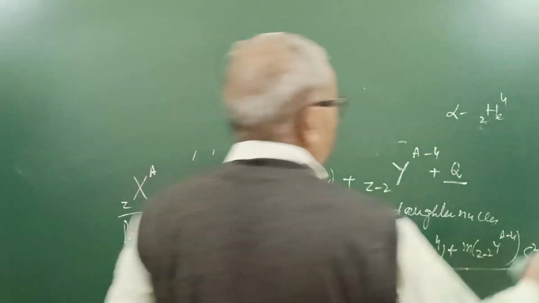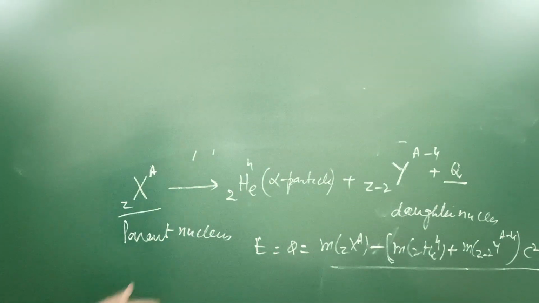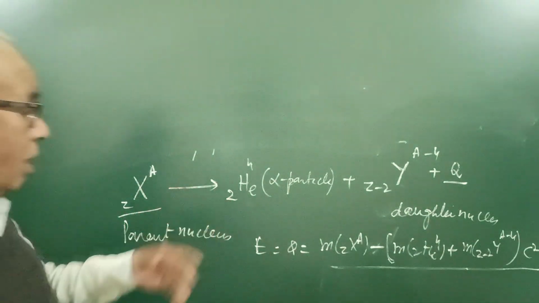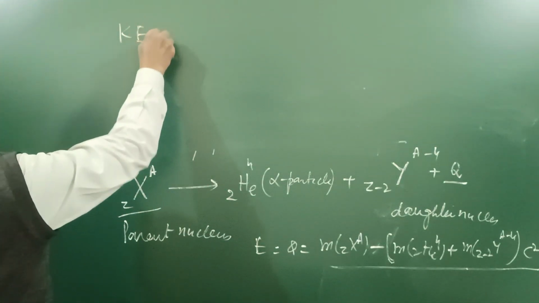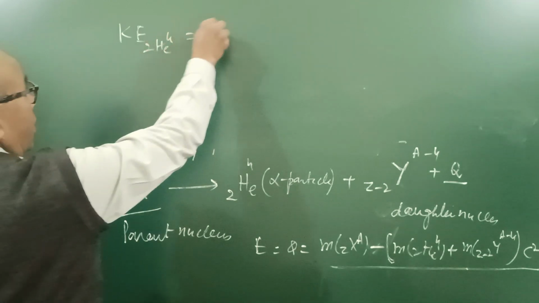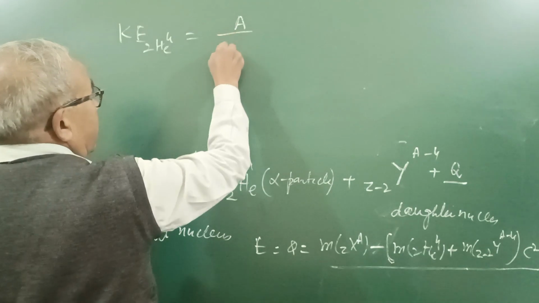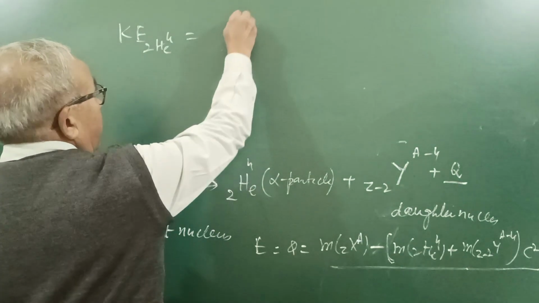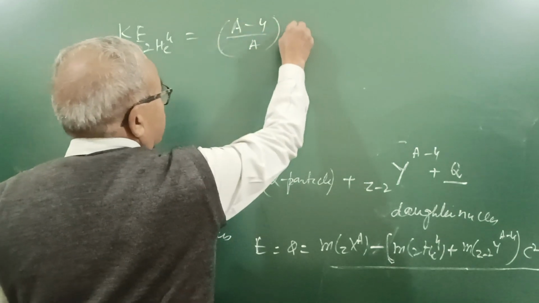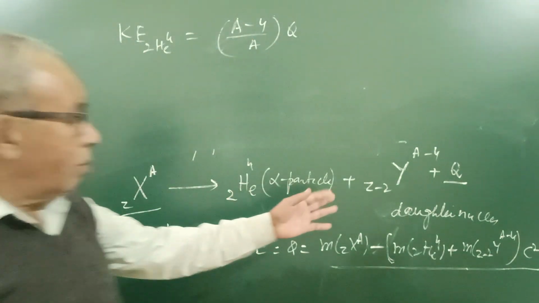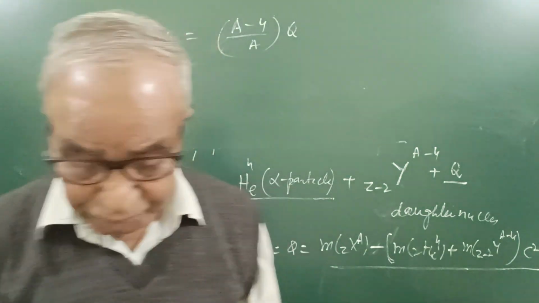So the majority of the energy is taken by the alpha particle, and the kinetic energy of 2He4 has been proved to be (A minus 4) upon A into Q. And all alpha particles were found to be of the same kinetic energy.